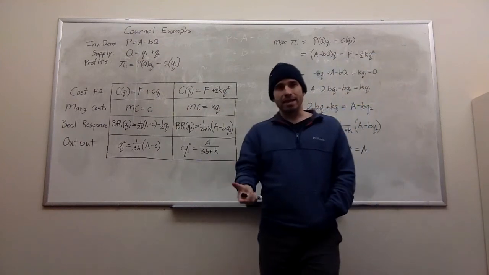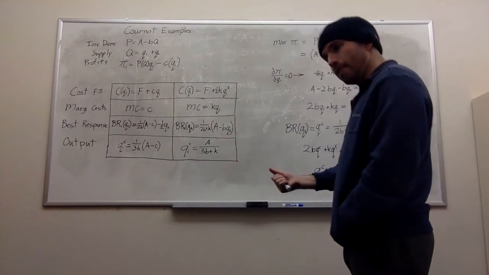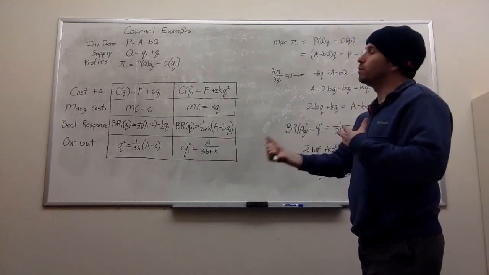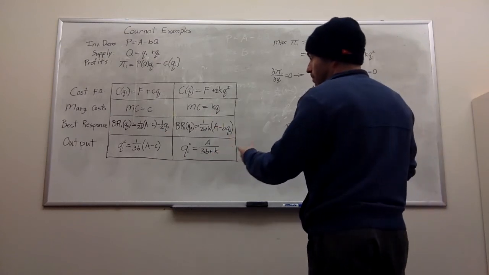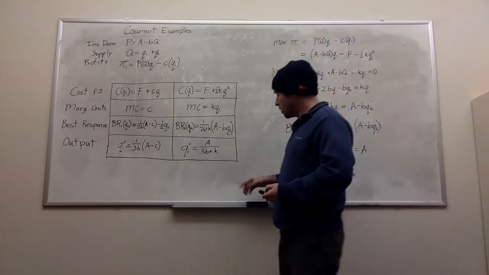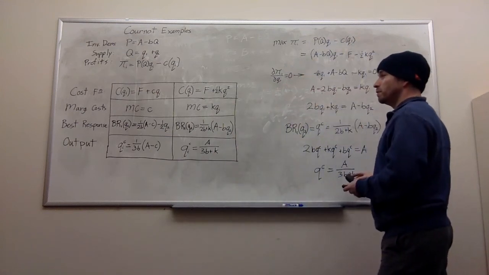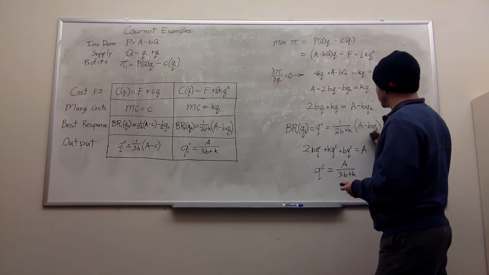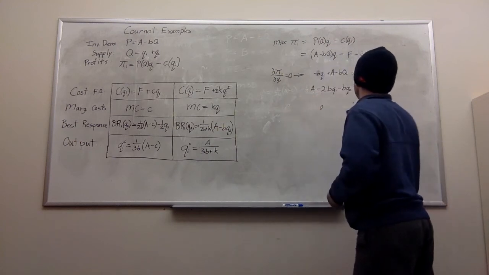But what is the socially efficient outcome? Just like with a monopolist, we wanted to compare the monopolist's profit maximizing choice with the socially efficient outcome. We can look at the same thing here.